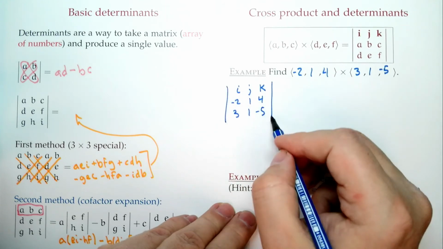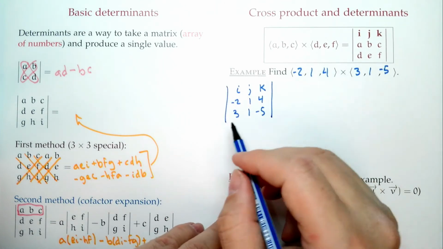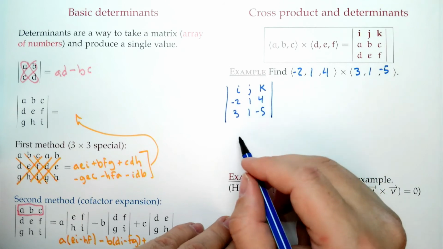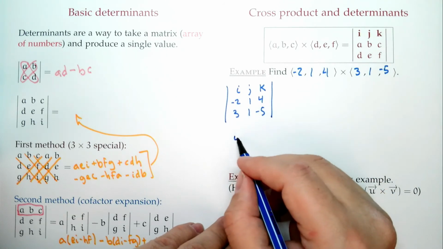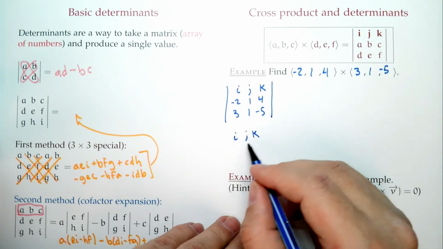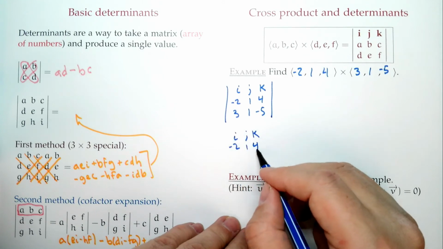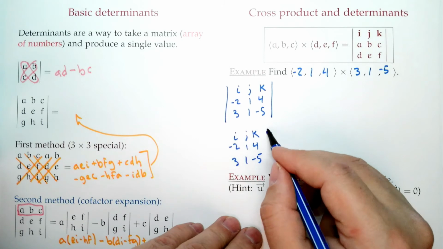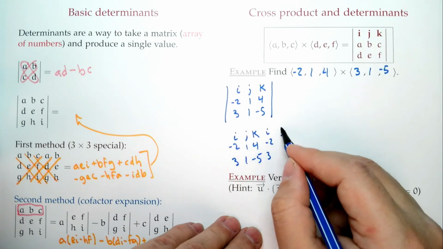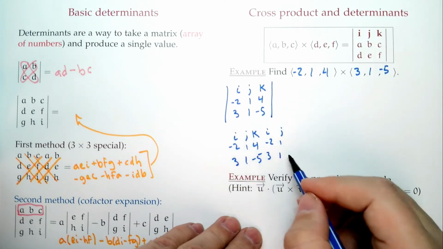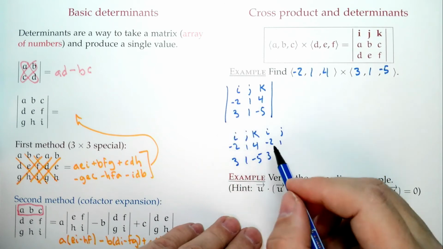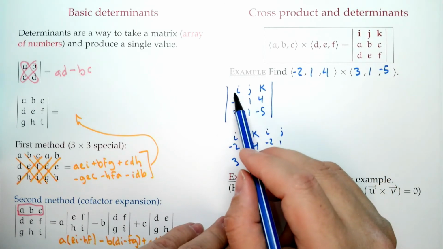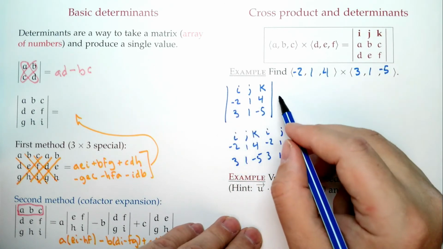Taking that determinant. Now, I can write it down again. So I can do I, J, K, negative 2, 1, 4, 3, 1, negative 5. And then the first two columns again, I, negative 2, 3, J, 1, 1. One thing to notice is I can just wrap around. So for instance, I'll have I, 1, negative 5.